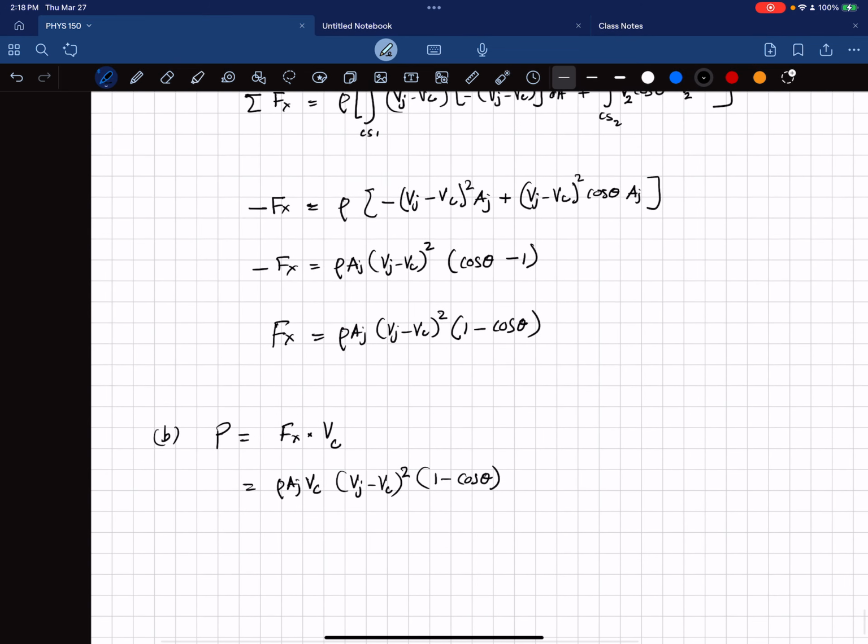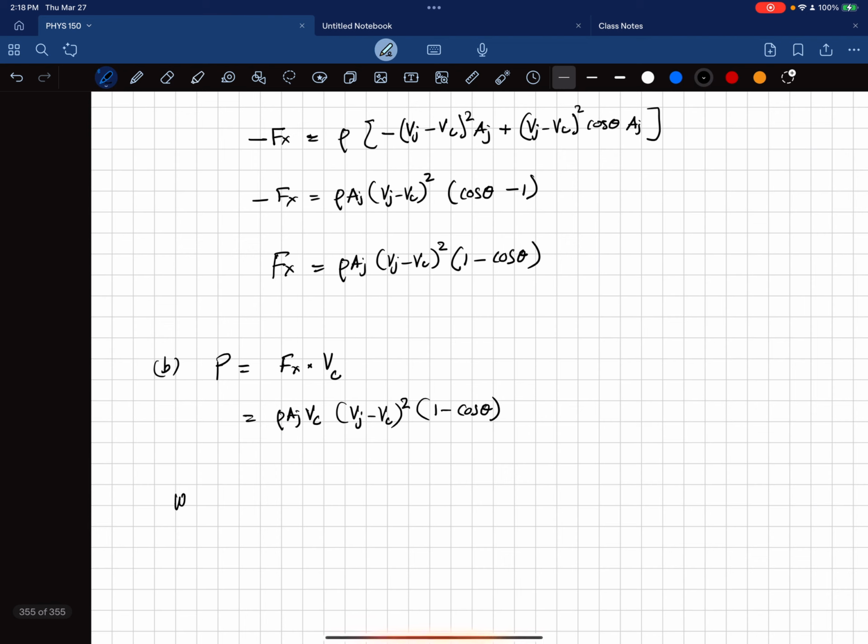When Fx is maximum, theta should be equal to pi over 2.